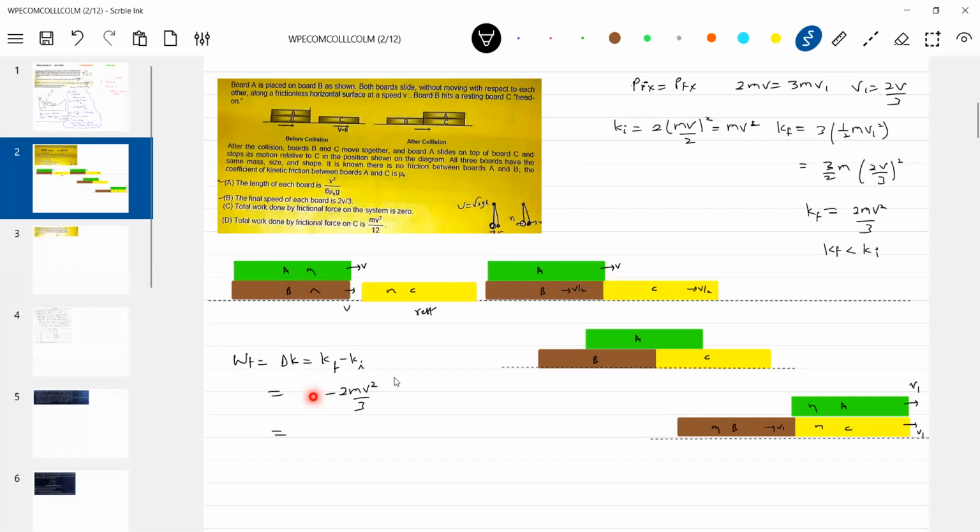So that is mv square minus 2 by 3 mv square. No, change in kinetic energy, so Kf minus Ki.